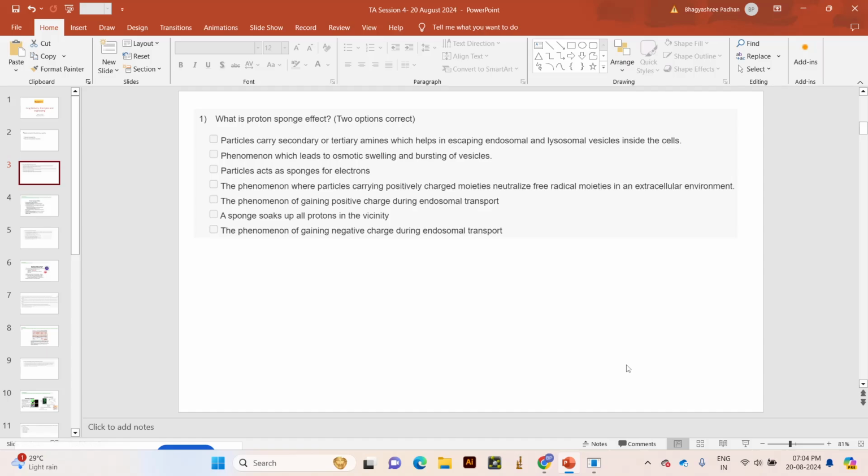It's basically the secondary or tertiary amines and the peptides or some other things that are helping in bursting out of the endosomal or lysosomal vesicles. Regardless of the positive charge, they'll enter into the endosomes when they are engulfed by the cell.